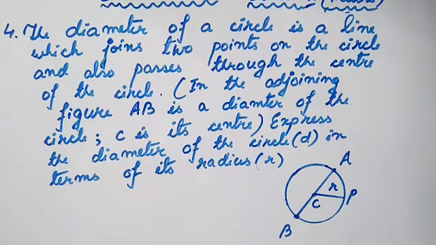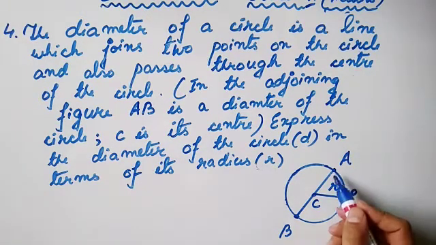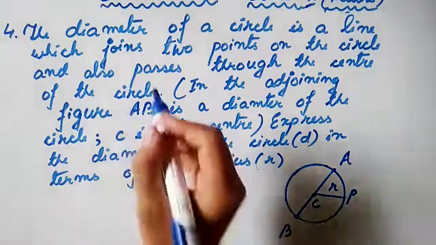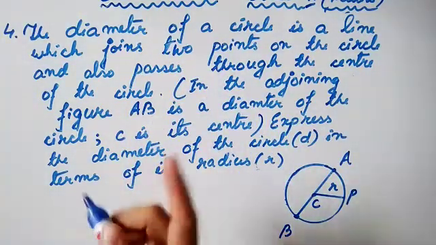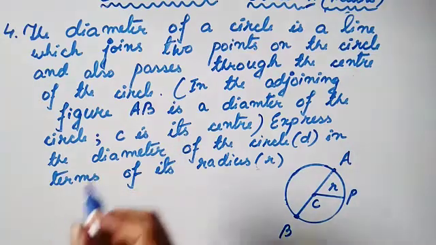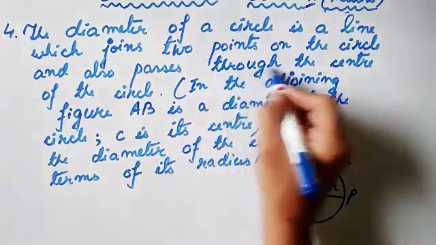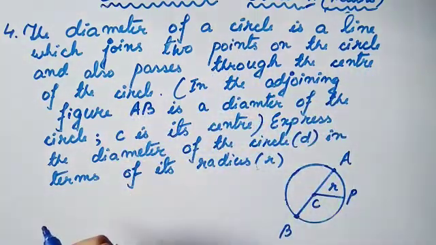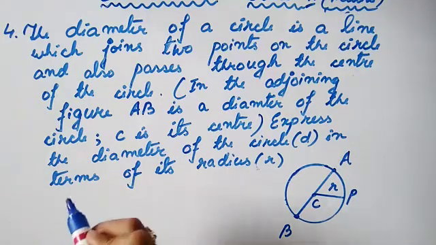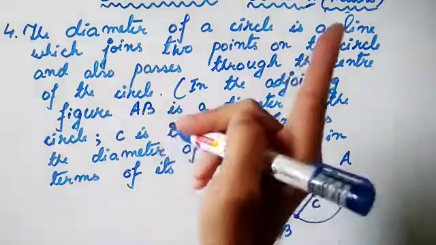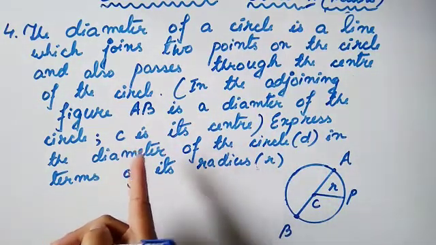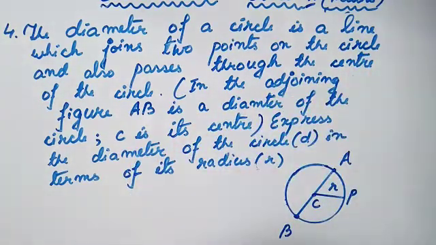So the diameter of a circle means it is a line, and which joins how many points? 2 points on the circle. And that line must also pass where? Through the center of the circle. Understood?